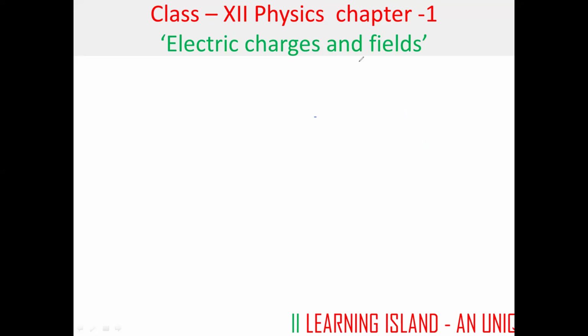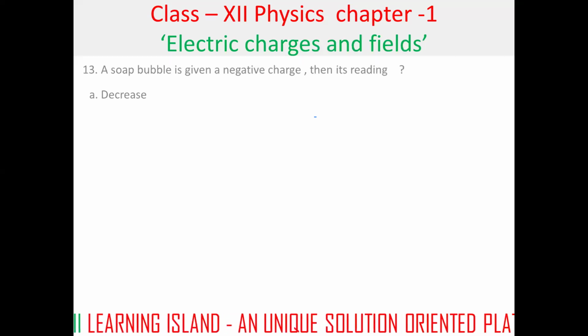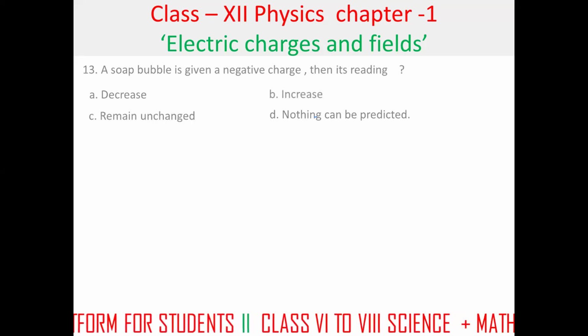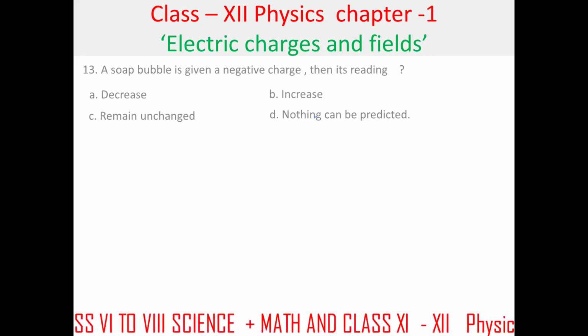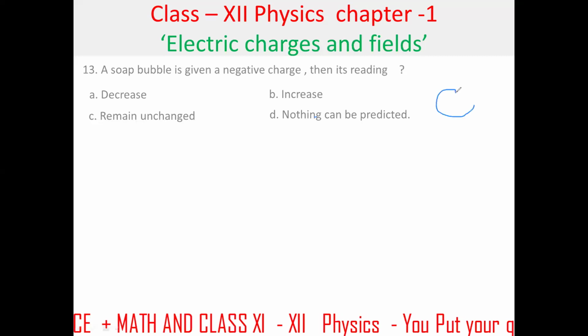Next question is, if a soap bubble is given a negative charge, then its radius would decrease, increase, remain unchanged, or nothing can be depicted. Look, suppose this is a soap bubble, it is neutral. If you put a charge on this, either positive or negative, whatever charge you put, the like charges will repel each other.